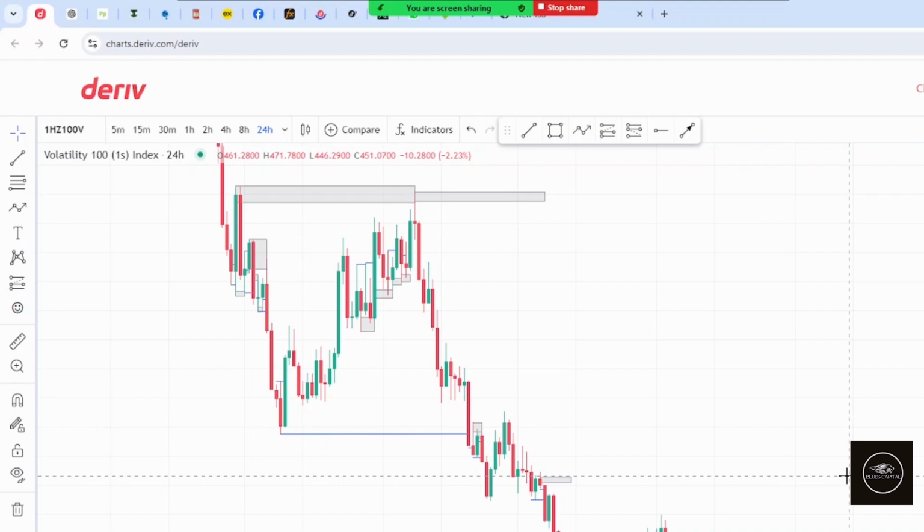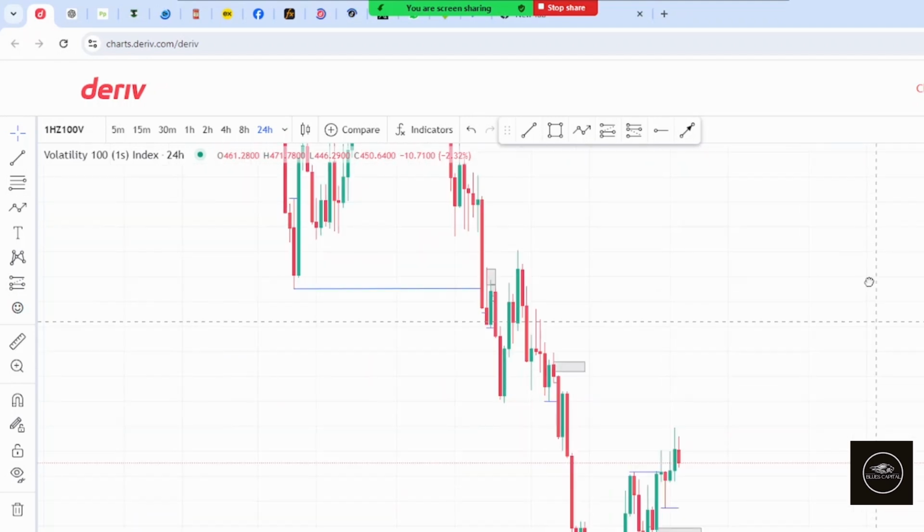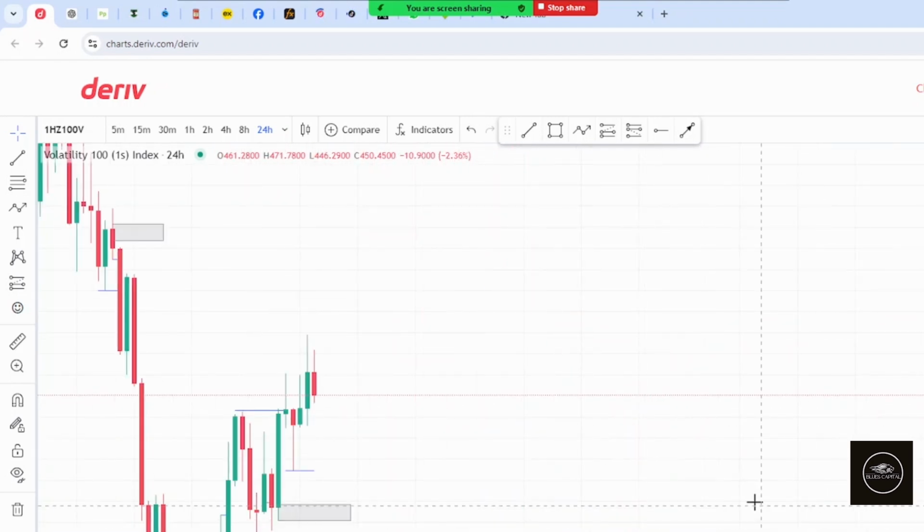Once market is moving, it always creates some opportunities. Every day, market creates opportunities. So for now, the main trend is downtrend. But something like this is actually a retracement for me. Since this is a retracement, there is a demand zone inside the retracement.